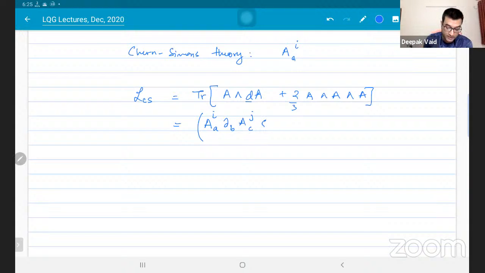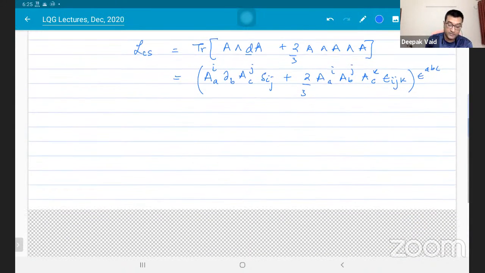Then for the internal indices, you put a delta_ij contraction for the first term and an epsilon_ijk for the cubic term.